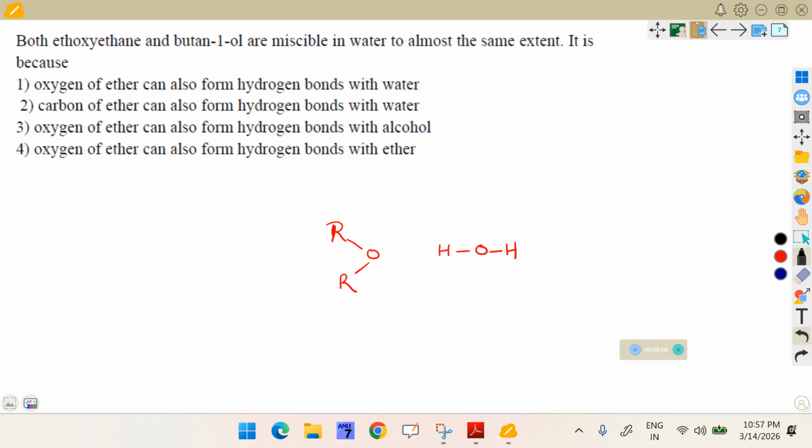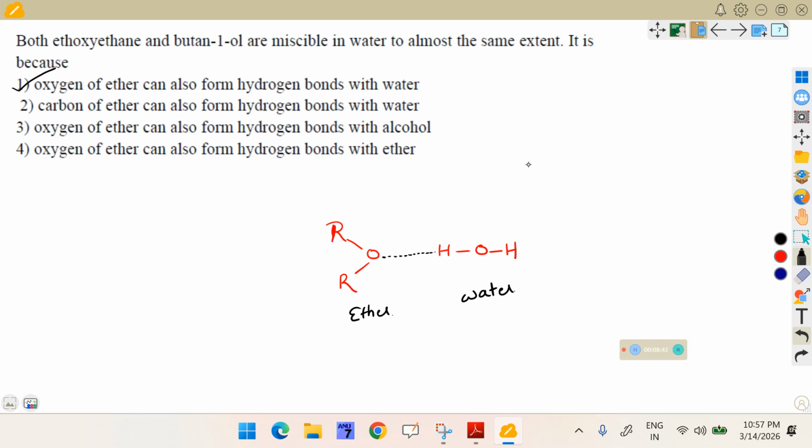See the next question. Both ethoxyethane and butan-1-ol are miscible in water to almost the same extent. It is because the oxygen of ether can also form hydrogen bond. See, this is ether. The oxygen of ether forms hydrogen bond with water molecule.